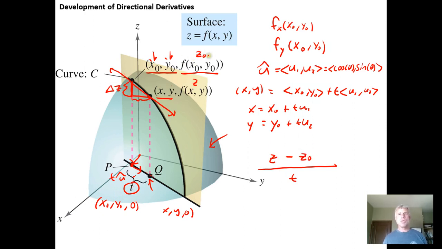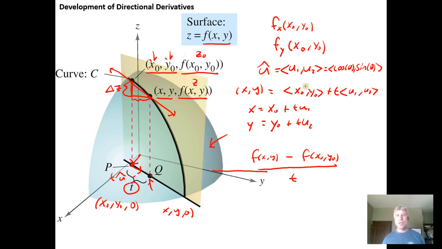But z naught is what you get when you evaluate the function that describes the surface at the point x naught, y naught. So z naught can be replaced with f of x naught, y naught. And then z is just the point you get when you evaluate the function at x and y at the second point. So this is just f of x and y.